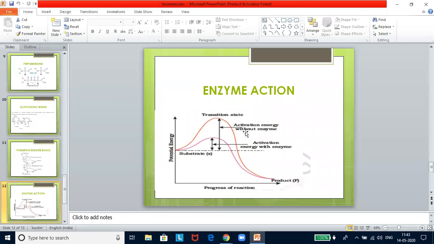So the activation energy for the substrate without an enzyme will be high. When an enzyme is added, it will be low. So enzymes eventually bring down this energy barrier, making the transition of S to P easier. Now, how does the catalysis happen? First, the substrate binds to the active site of the enzyme, fitting into the active site.